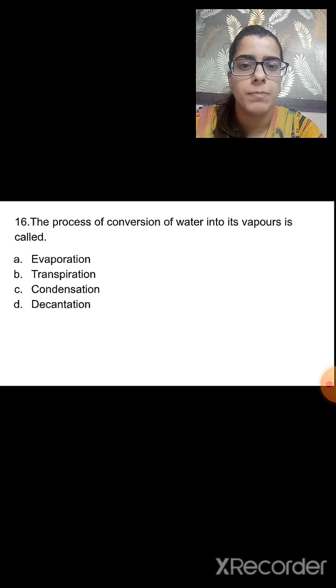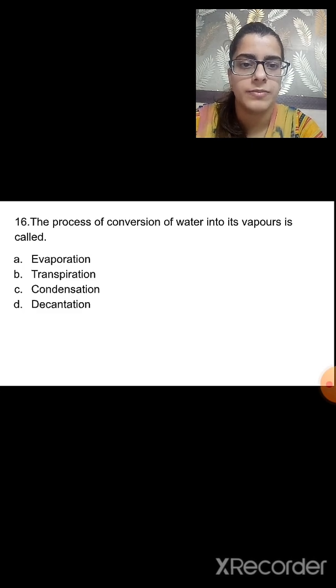16th, the process of conversion of water into its vapor is called. You have to tell the process in which the water is converted into its vapors. Options are A, evaporation, B, transpiration, C, condensation and D, decantation.